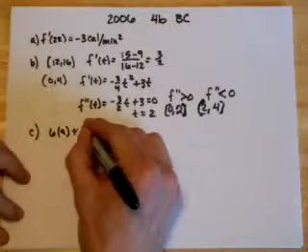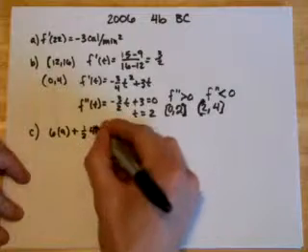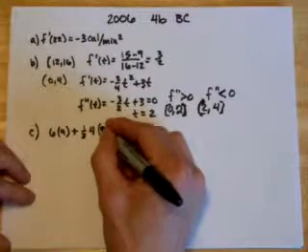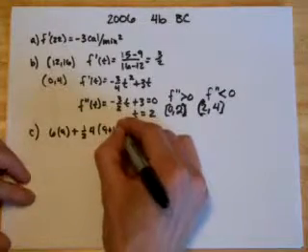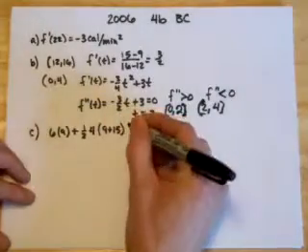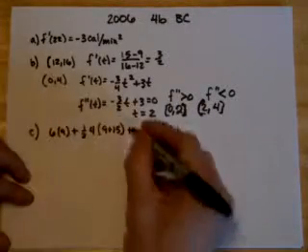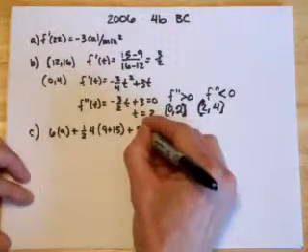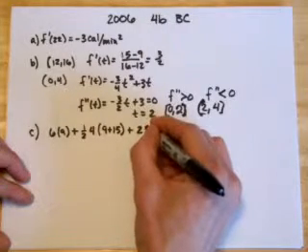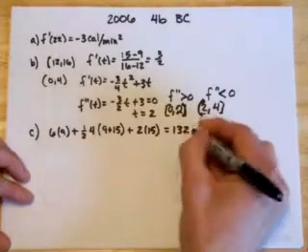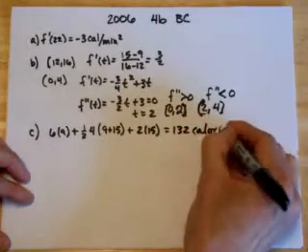So the trapezoid would have a height of 4, and the bases would be 9 and 15. And then the last section from 16 to 18 is flat, so it's a rectangle. 16 to 18 is 2 times the height of 15. And you get 132 calories.